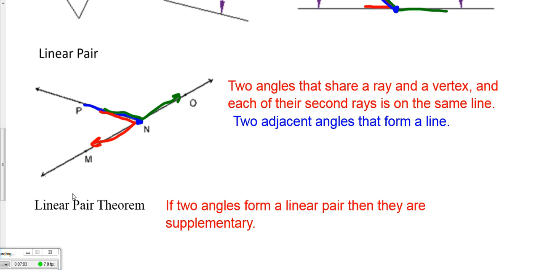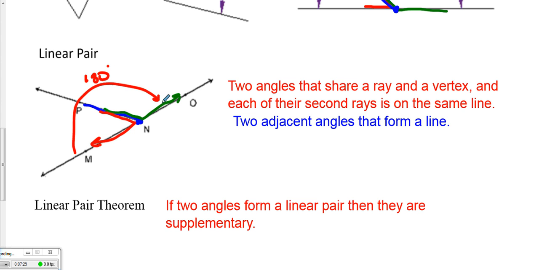Now, somebody had to go through and prove this using everything they know about everything, putting everything together. The theorem that they proved is that if two angles form a linear pair, then they are supplementary. That should make sense because normally a straight line like this is 180 degrees.